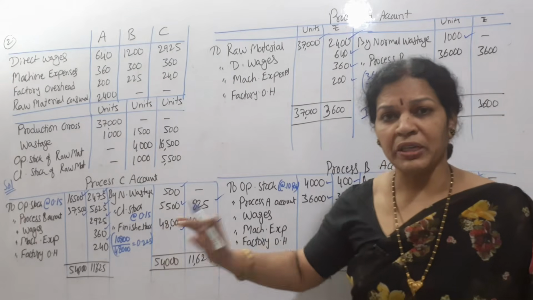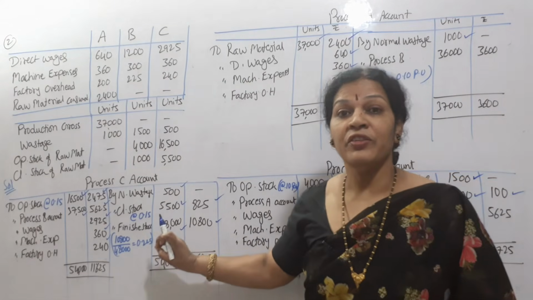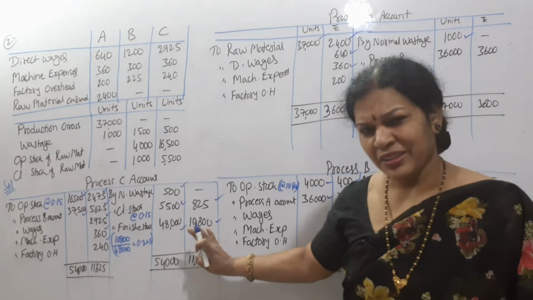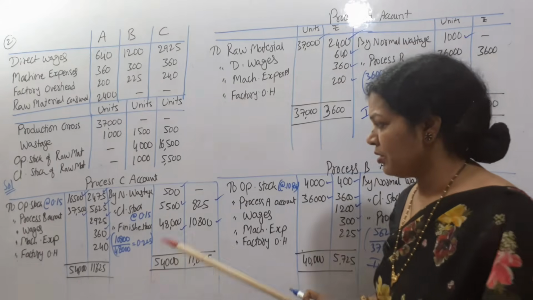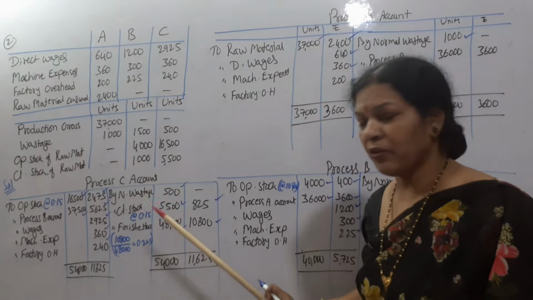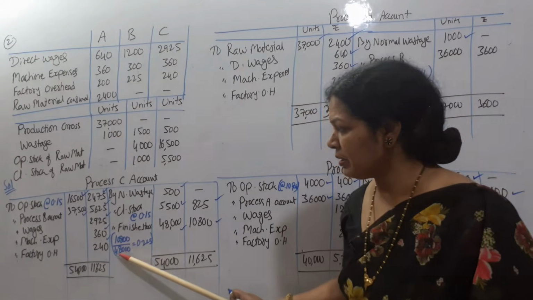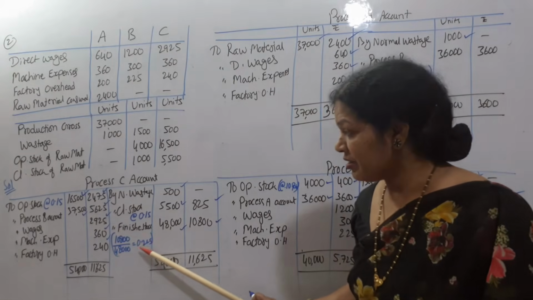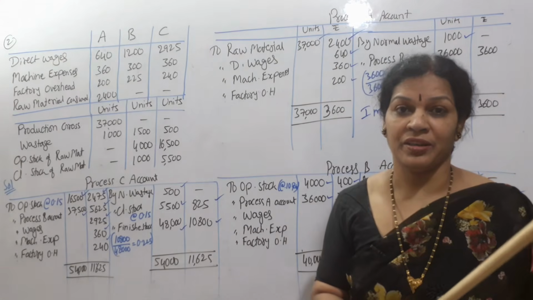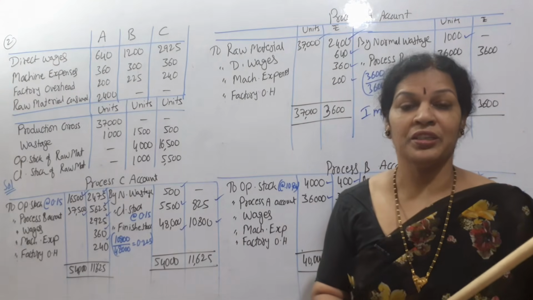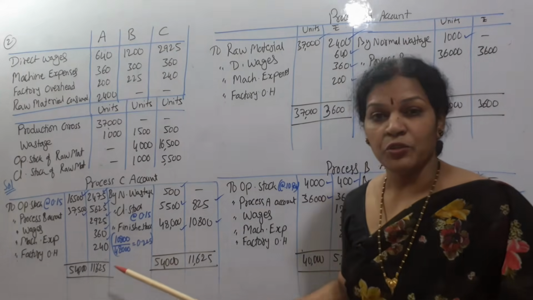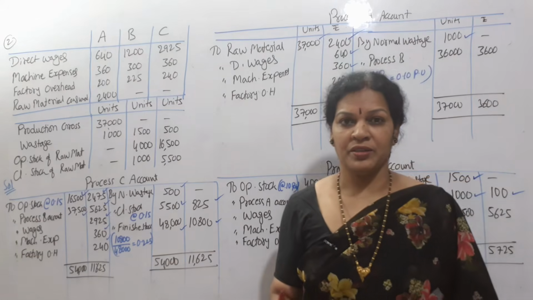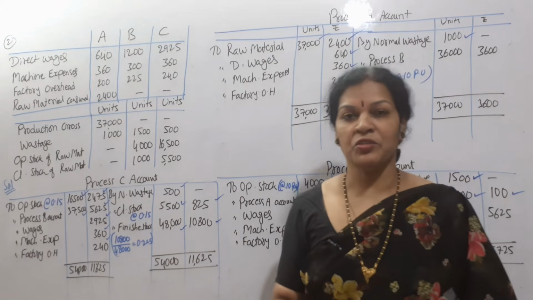So for the last process, whatever balance we get, we say it is finished stock. This also you can calculate and see per unit how much: 10,800 divided by 48,000, you are getting 0.225 paisa. Just we are showing it per unit. At the end of the process, we are having 0.225 paisa. Am I clear? First take the screenshot, I will give you a recap.